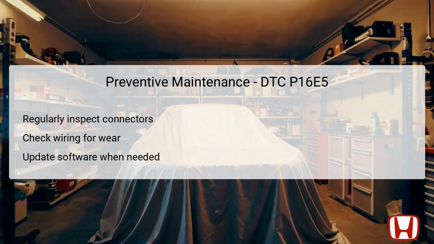Ensuring that software updates are applied as they become available is also essential, as manufacturers often release updates to both software and firmware to address communication issues and bugs. Adopting a proactive approach will lead to improved vehicle reliability and performance.